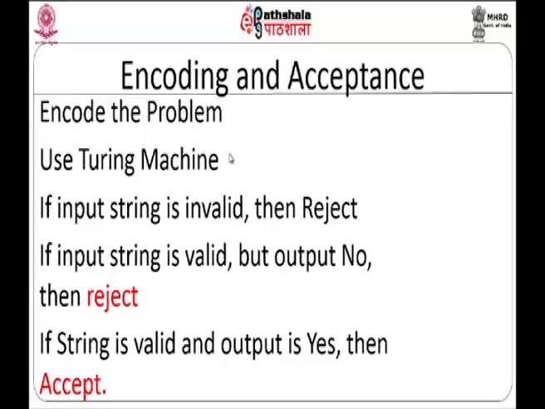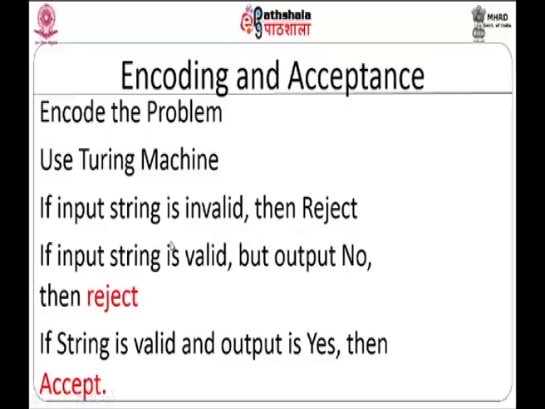Please recollect the Church-Turing thesis also, which says that all the problems that are solvable are solved by Turing machines. Using this concept, if the input string is invalid, that means the string obtained from the given problem is invalid, then we are going to reject it.